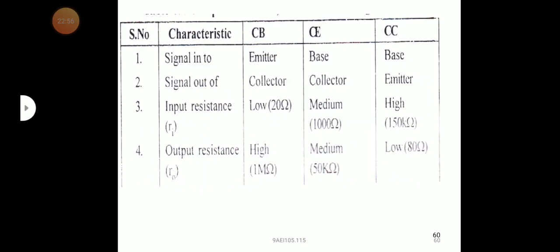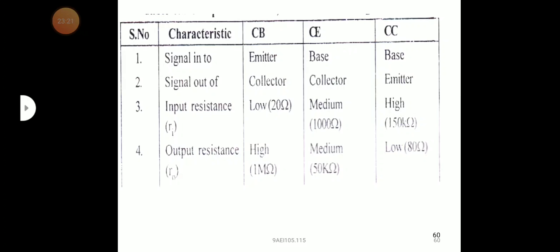Now we compare the common base, common emitter, and common collector configurations. In the common base, the base is common, so the emitter is the input side and the collector is the output side.